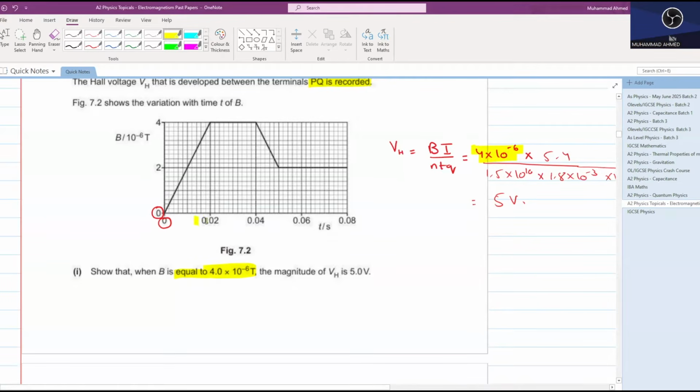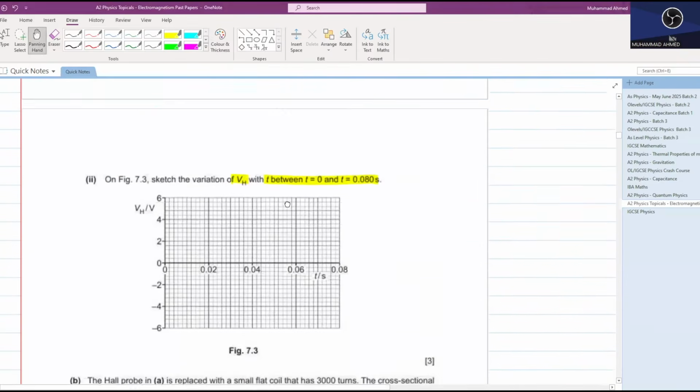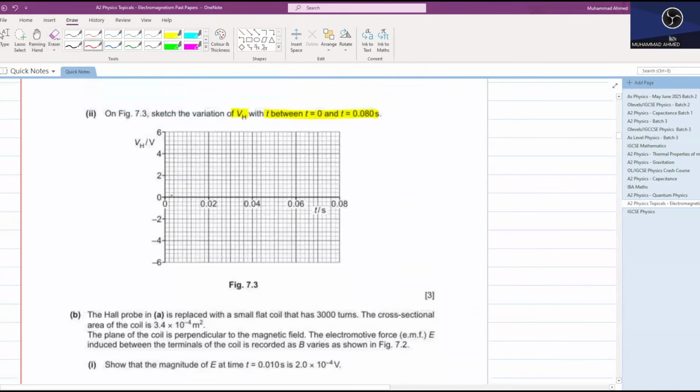So at 0.02 seconds, Hall voltage will be 5 volts. Let's first of all draw this slanted line on the Hall voltage graph. At 0, you have a Hall voltage of 0, and at 0.02 seconds, you have a Hall voltage of 5, somewhere here. Let's draw a slanted line like this.